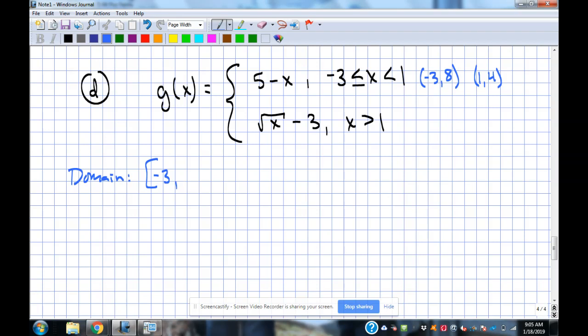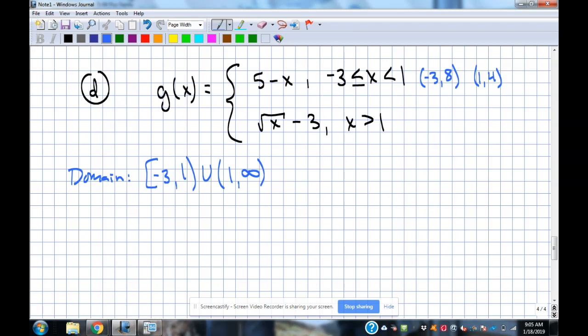So we're trying to visualize what the graph would do. So we know we are skipping 1. And then all of these x values go toward what? Positive infinity. So there we got the domain without the graph, which is a good skill to have.